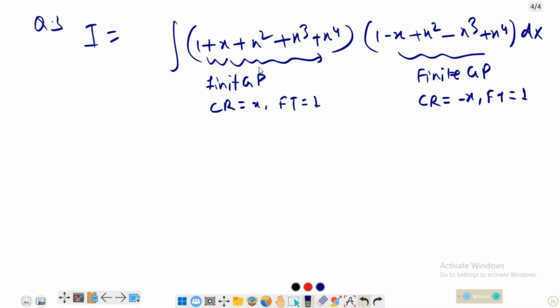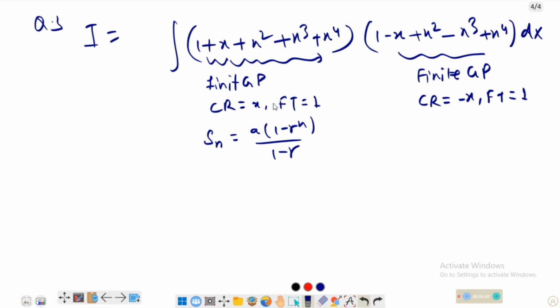So using the sum of a finite GP, Sn is equal to a into 1 minus r to the power n upon 1 minus r, where r is the common ratio, n is the number of terms and a is the first term.